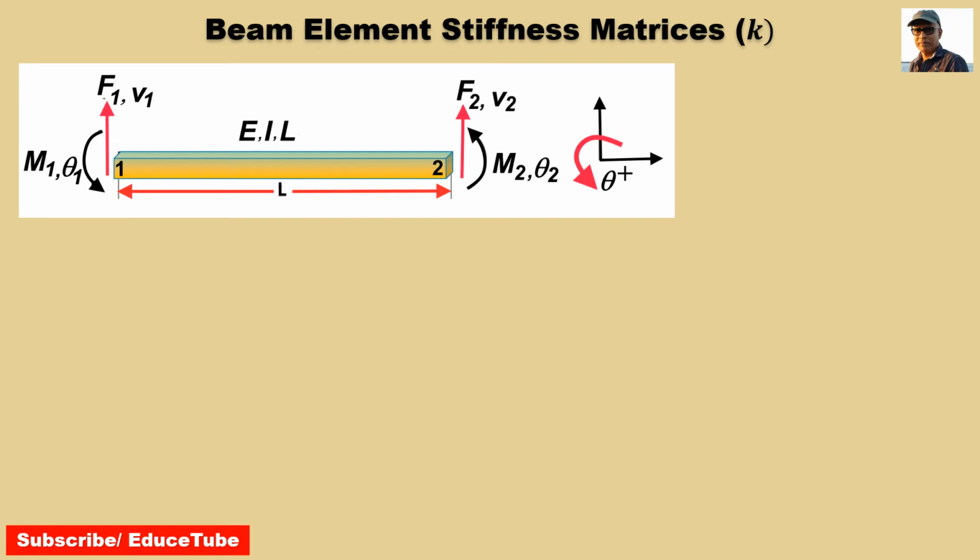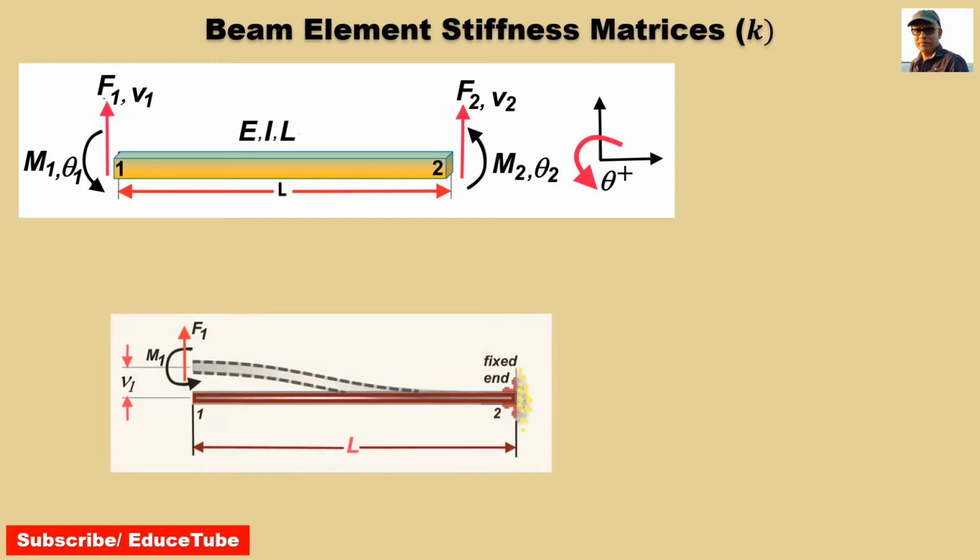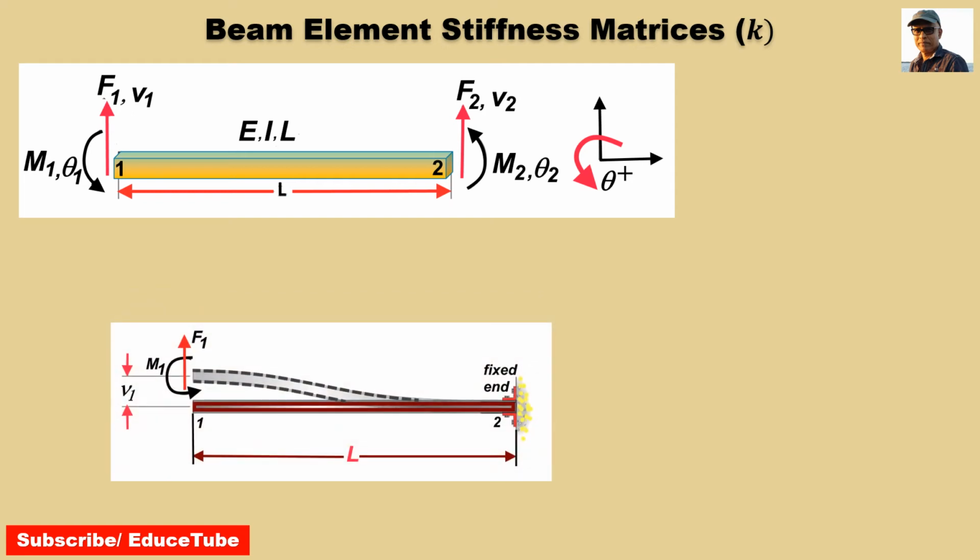As I said, the relation between joint forces and joint displacement are developed by how? Because our target is to get the stiffness matrix elements.